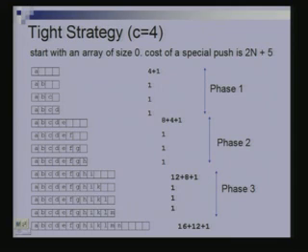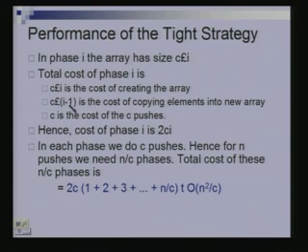So, look at this example here. I first create an array of size 8, I copy the previous 4 elements. So, I copy C into I minus 1 elements is the cost of copying the elements into the new array, and then I will do C more pushes in this phase, a total of C more pushes in this phase, right, before the array gets full.